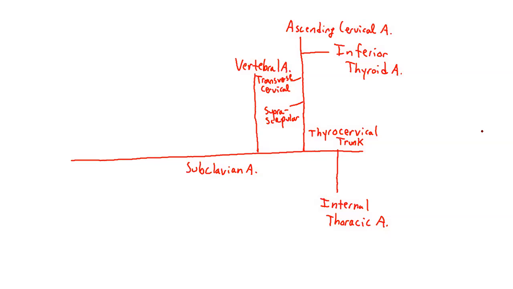The next big branch I'm going to see off of my subclavian artery is this branch called the costocervical trunk. Costocervical trunk is going to give off two main branches.